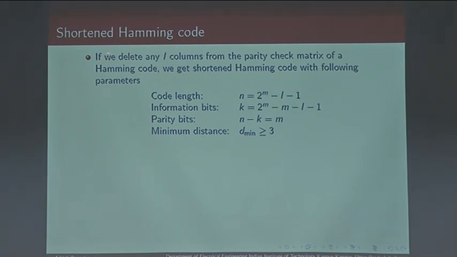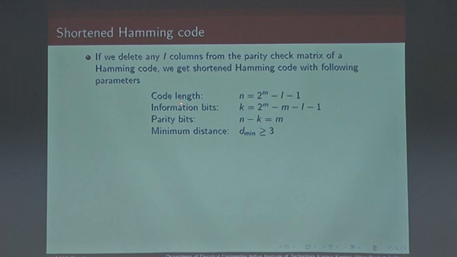So, how do we get a shortened Hamming code? If we delete any L columns from the parity check matrix of Hamming code, we get a shortened Hamming code. So, what happens when you delete columns? You are actually reducing n, but are you changing the number of parity bits? No, that is fixed.